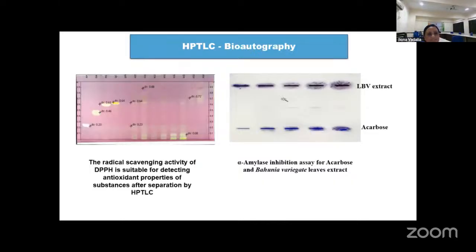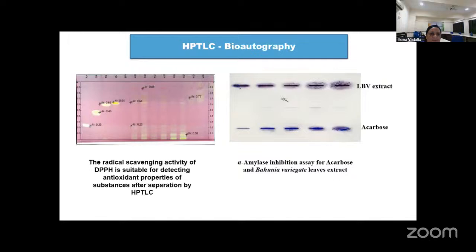So HPTLC bioautography is a very useful technique for in vitro assay. We are able to identify the compound without doing the long process of column chromatography. Here we can only identify that compound, not isolate it in larger quantity. We just identify it with mass.